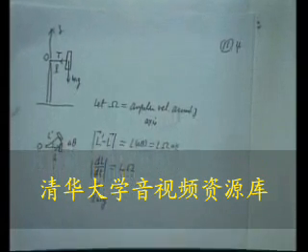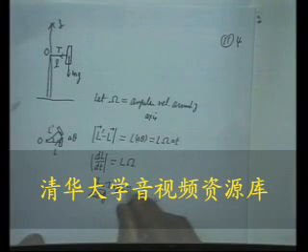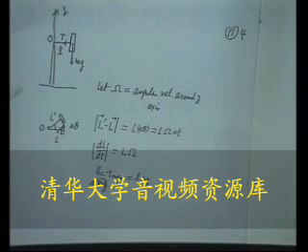This is equal to torque, and torque is equal to L times mg, because L is R, mg is the force, so R cross force is equal to L mg. So now we have a formula which relates omega to this.